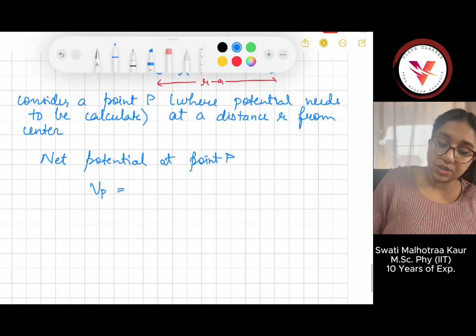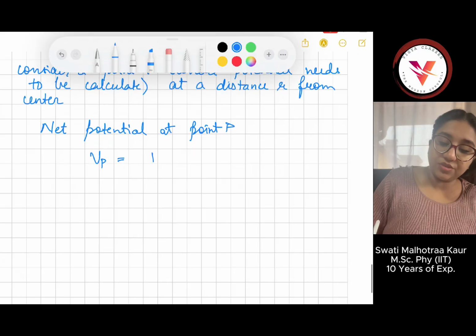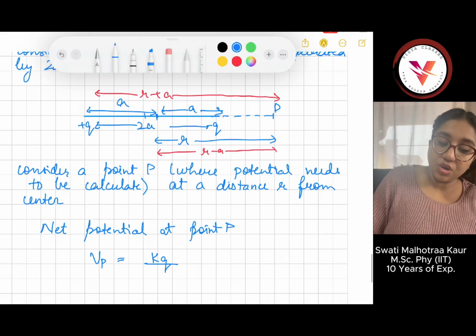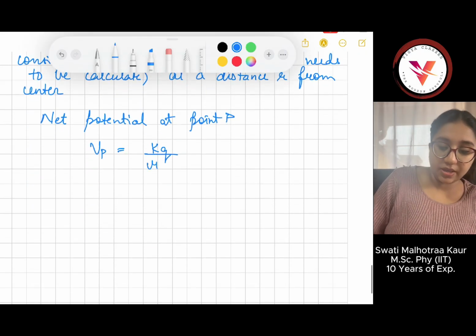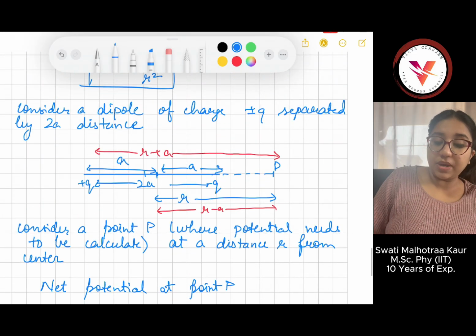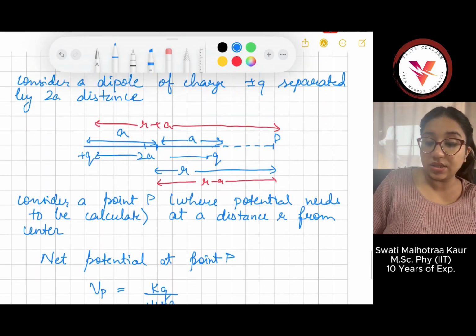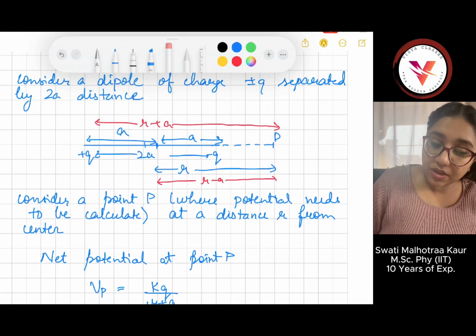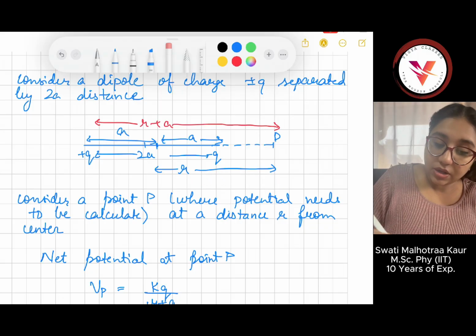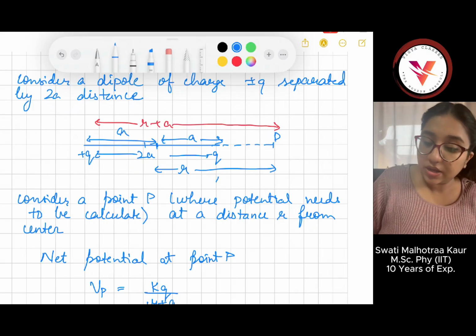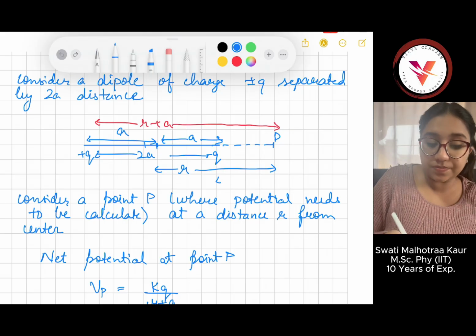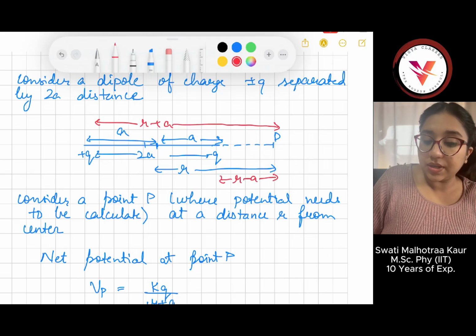So V at P is equal to, from the positive charge, KQ over the distance r plus a, and for the minus charge it is minus, okay, it is not from here, it is from like here, from the minus q charge, r minus a.